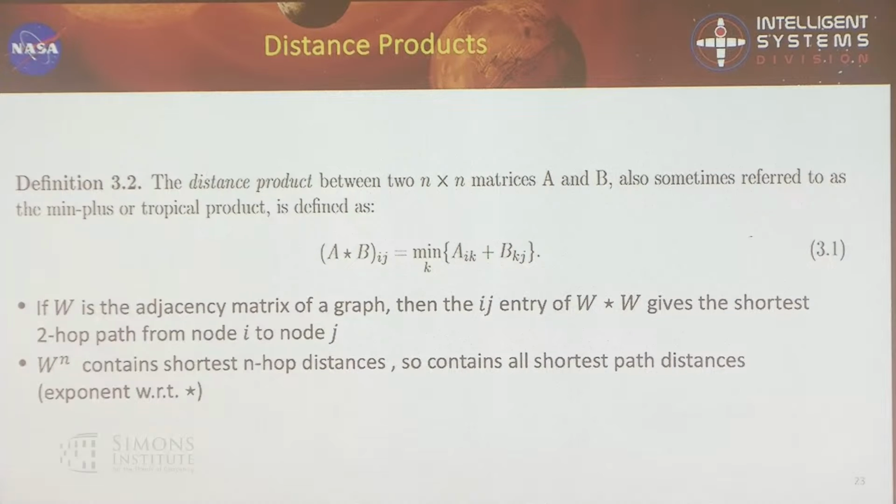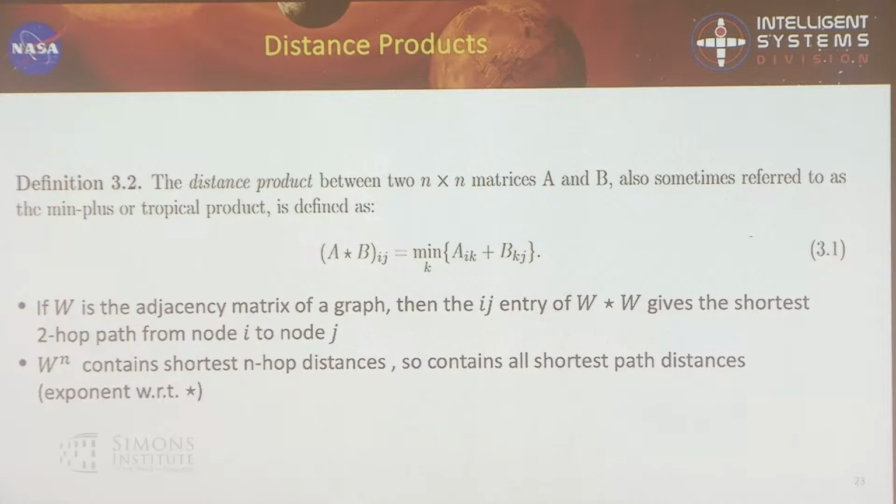A distance product between two n by n matrices A and B, sometimes also referred to as the min-plus or tropical product, is just defined by the min of the appropriate indices. So each entry ij is the min of the entry a_ik plus b_kj over all the different possible k's.